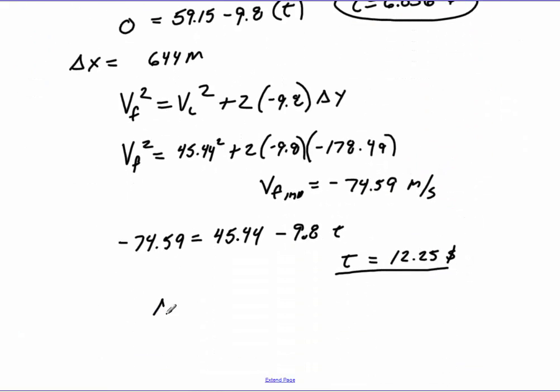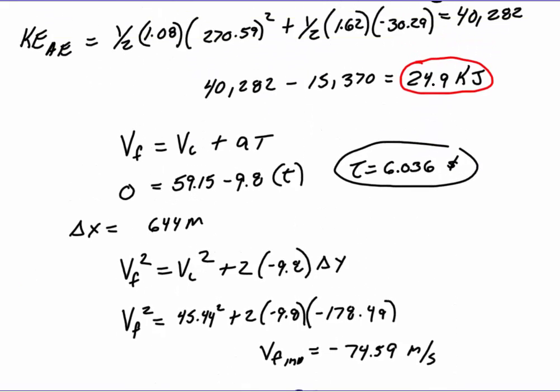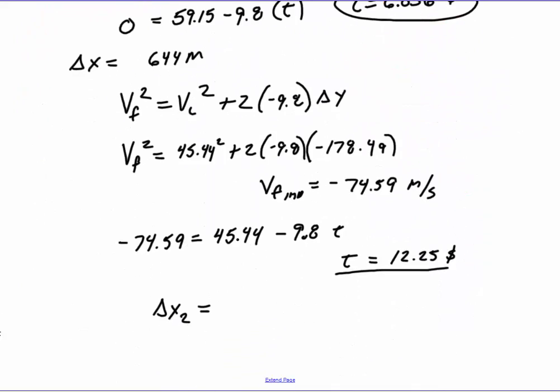So delta x2 is going to equal 266.75 multiplied by 12.25. That gives us 3268 meters. So that's how many meters it's traveled since the explosion.